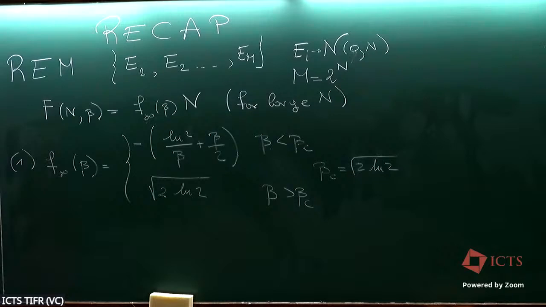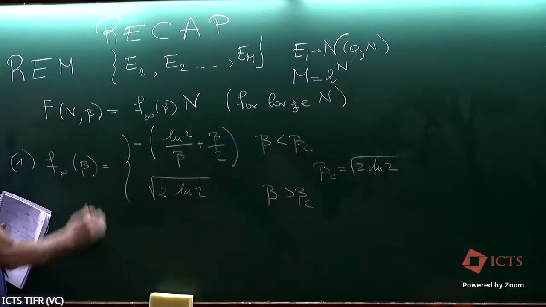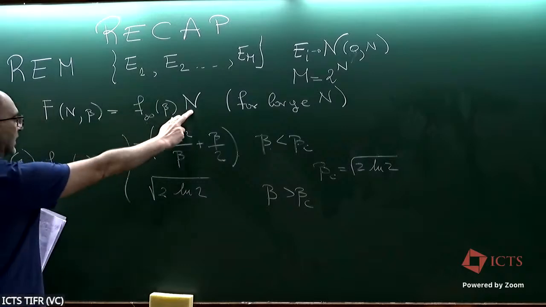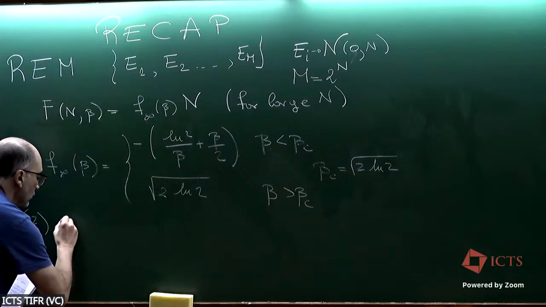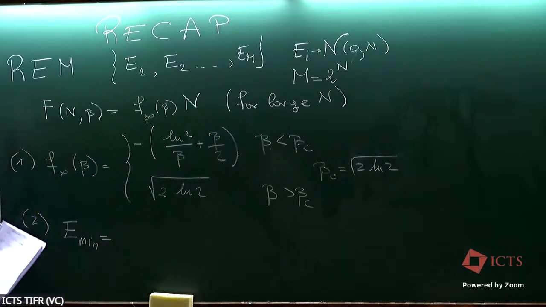And then the second result was the scaling of the minimum. So when beta goes to infinity, the free energy becomes the minimal energy. Here I prefer to use the extensive minimum, so times n. And what we showed is that the minimum is actually deterministic.